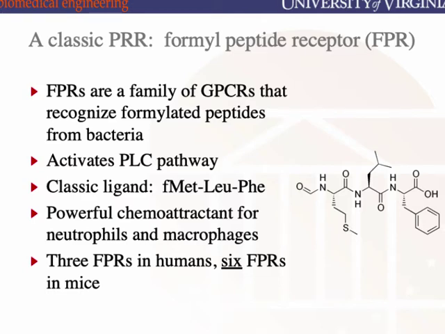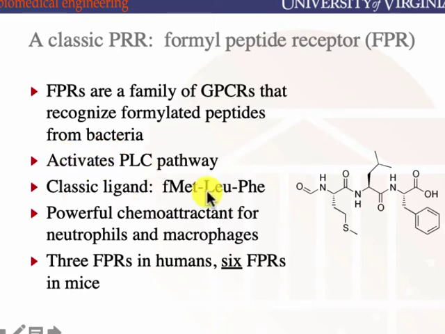And we've talked about G-protein coupled receptors before, right? GPCRs. And these are going to activate all those same downstream second messengers, right? PKC, diacylglycerol, IP3, all of those things. And they're going to trigger a polarization of the cell. They're going to increase the activation of cytoskeletal polymerization, and that's going to enable this thing to move. All right, so it's going to activate that PLC pathway.